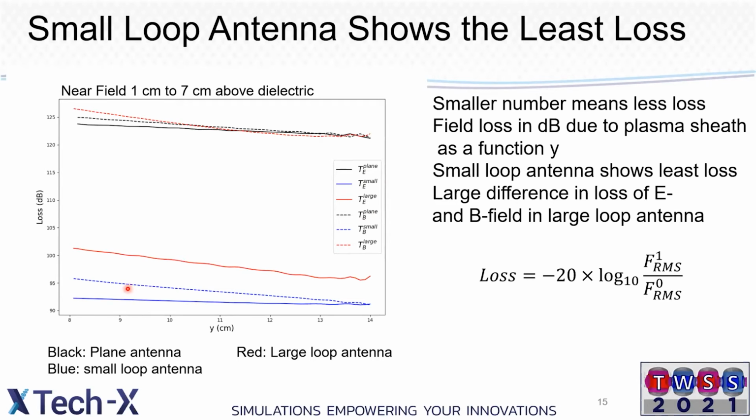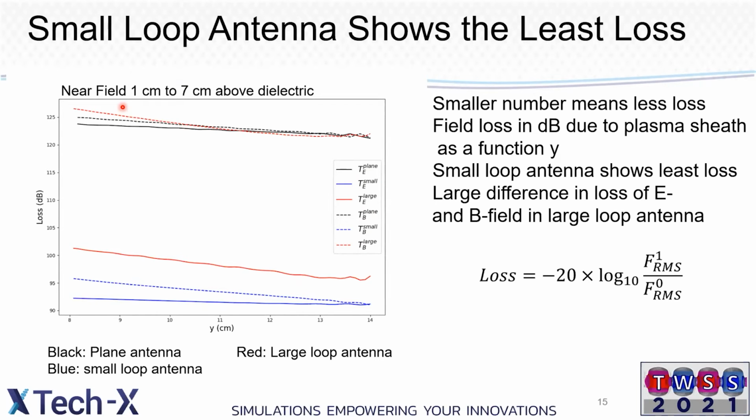And we see a pretty big difference between the small loop antenna, which is the blue curve, and the plane wave. At this frequency, there's a lot more loss in the plane wave.